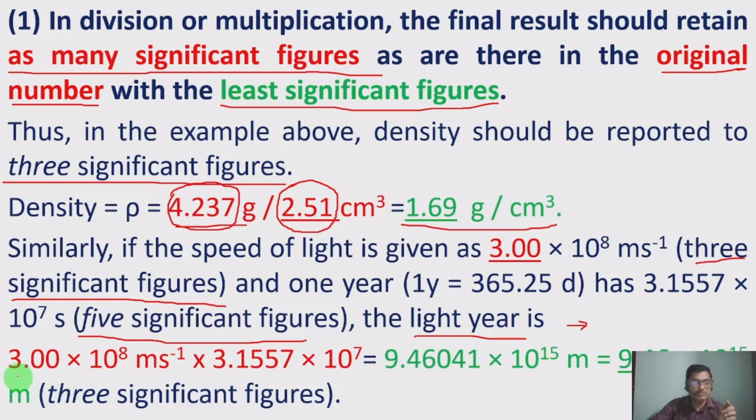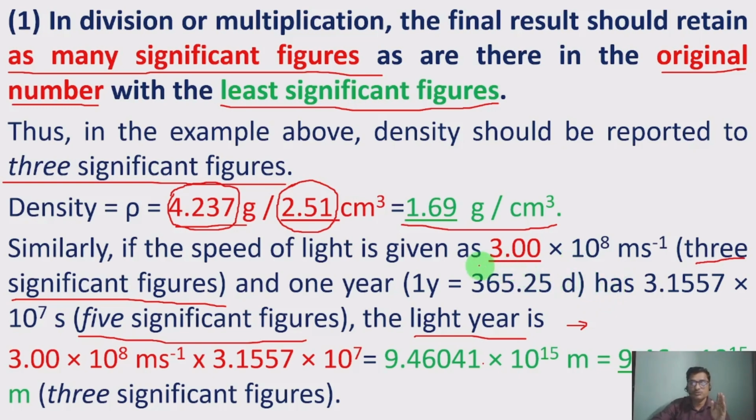Therefore 3.00 into 10 raised to 8 meter per second multiplied with 3.1557 into 10 raised to 7 seconds will give 9.46041 into 10 raised to 15, and here some digits are extra. As per the rules of multiplication and division, the original number which has the least significant figures decides how many we take in the result.